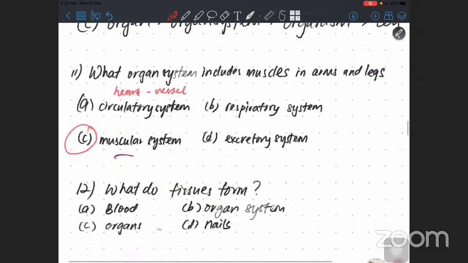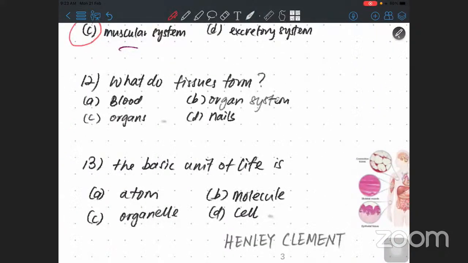Number 12. What do tissues form? The tissue forms, yeah, so the answer is there. Okay, the cell, and then you have tissue.